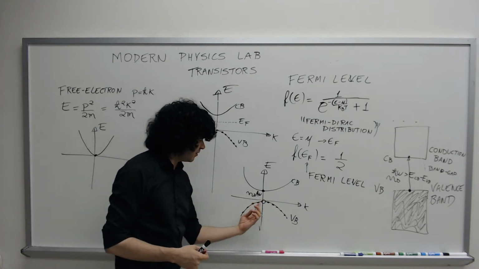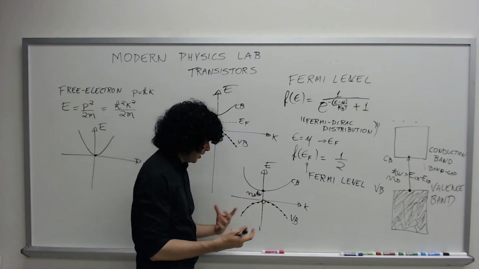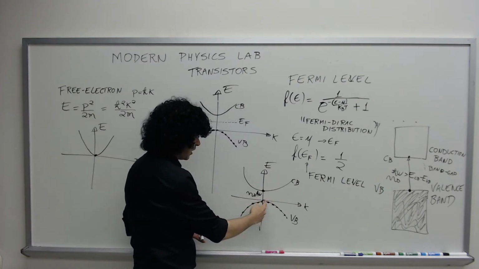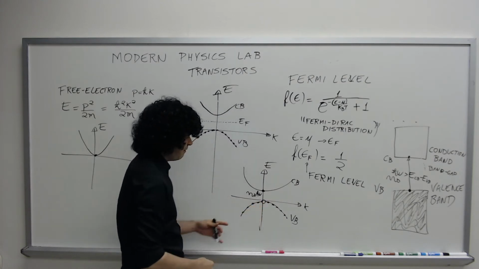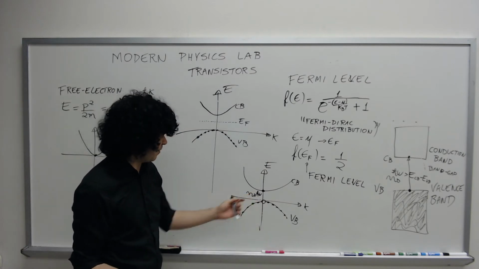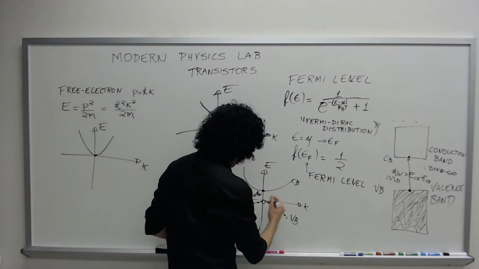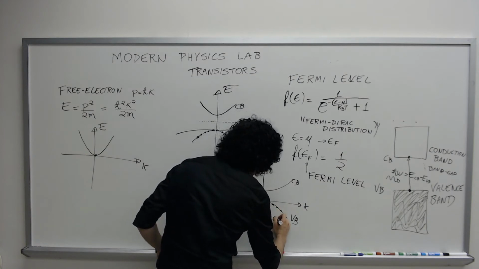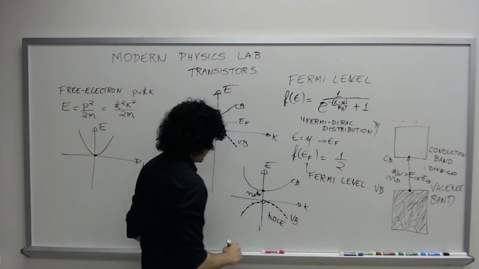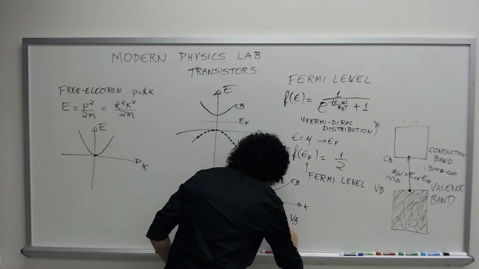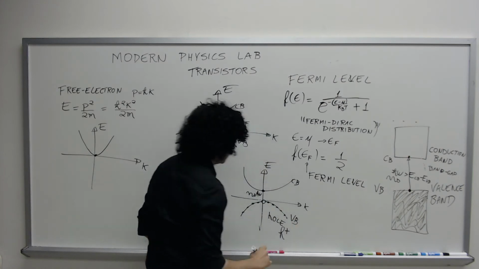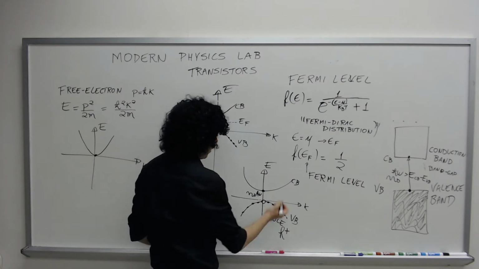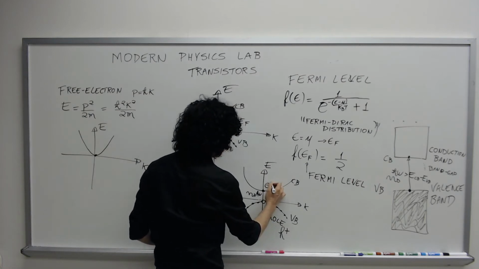Now you can move the electrons around here, or you can see, in a way, that you can move this vacancy around. And this lack of an electron is called a hole. So a hole is a positively charged particle, while the electron is negatively charged.